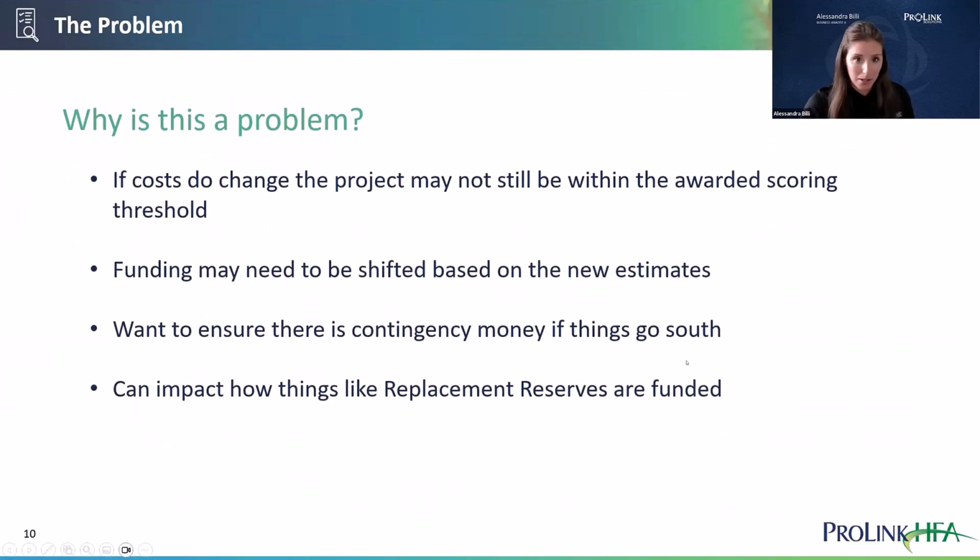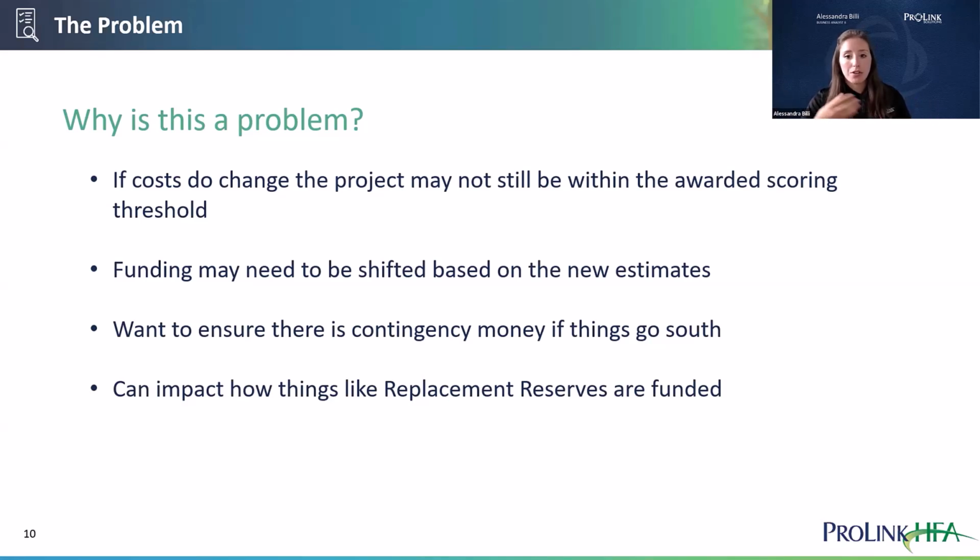So why is this a problem? One, if the costs do change, the project might not be in that awarded scoring threshold, and we may need to adjust how things are done. The funding may need to be shifted based on these new estimates. So maybe if there's too much money being used in land, we need to shift that away and use less money somewhere else, or change that around.